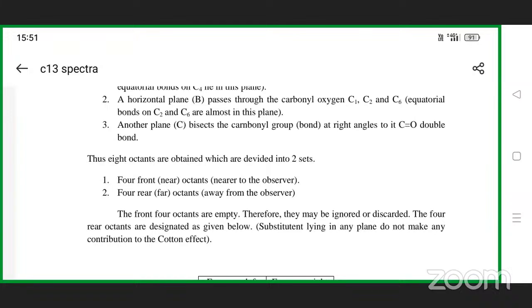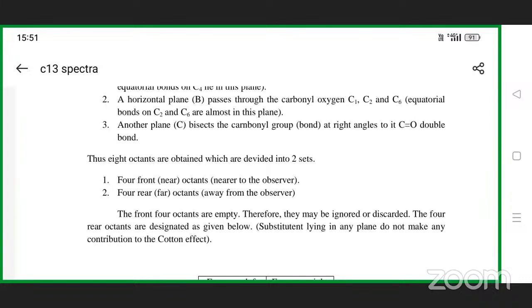In the 8 coordinates, 4 coordinates are nearer to the observer, meaning front coordinates, and the other 4 coordinates are the rear side coordinates, or back side. Rear means far away. So front are the near coordinates and rear are the far coordinates.